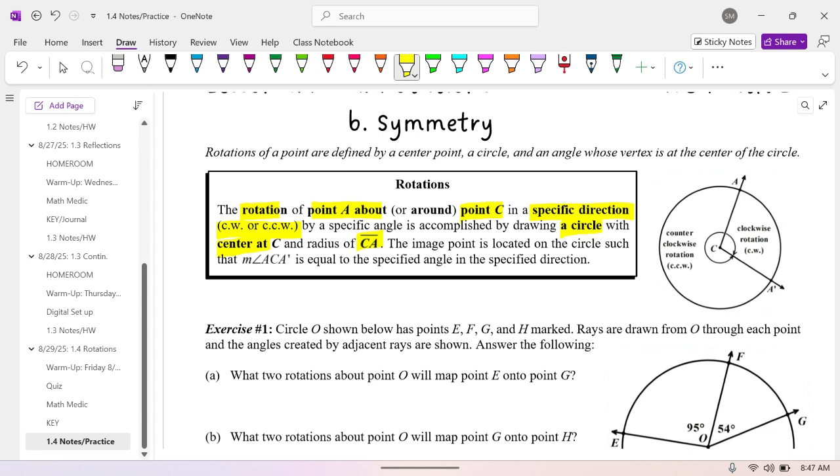The image point is located on the circle such that the angle ACA prime is equal to the specified angle in the specified direction.